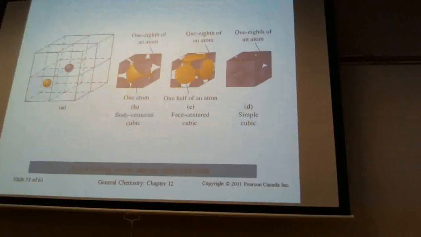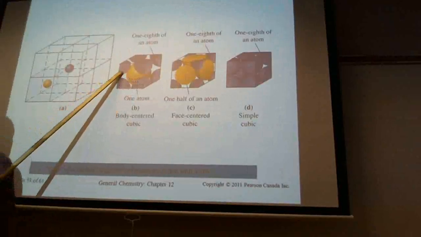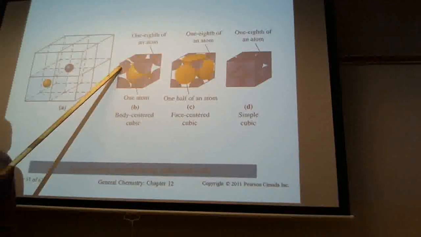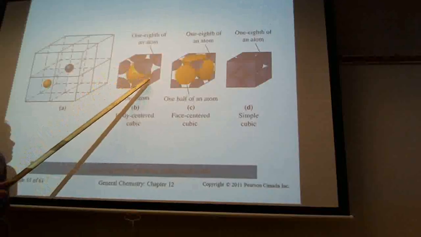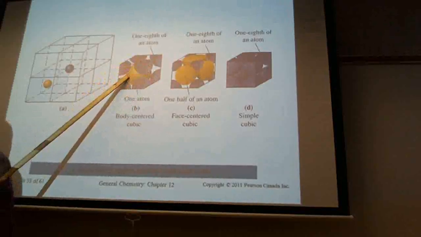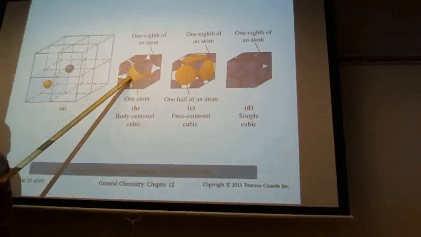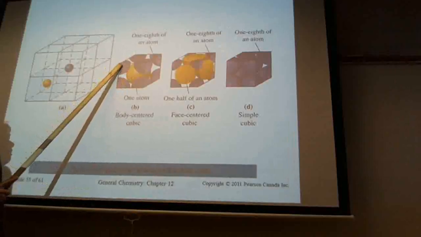All right, what you just built is called the body-centered cubic. The body-centered cubic is going to be in the 60% range. How many atoms do we have here? We have one atom from the corners plus one whole atom inside. So it's 2 times 4/3 pi r cubed as the occupied volume divided by the volume of the cube.